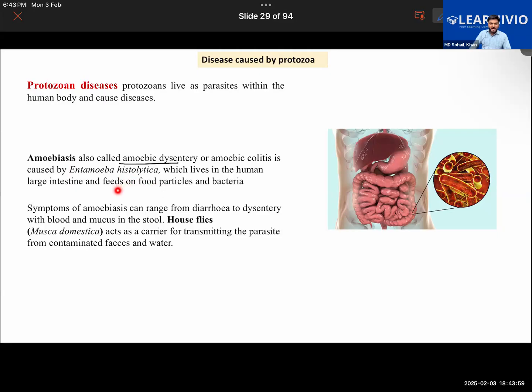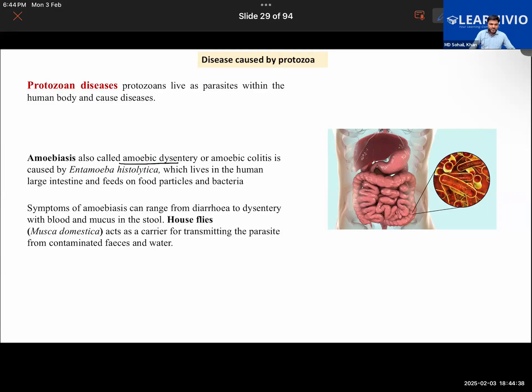When house flies sit on the infected fecal matter of humans, and then sit on food, they act as carriers of this parasite. So food should be kept closed. It should not be left open, so that if flies were to sit on it, they cannot transmit the pathogens and make the person sick. So one example is amoebiasis, also called amoebic dysentery, caused by a protozoa.